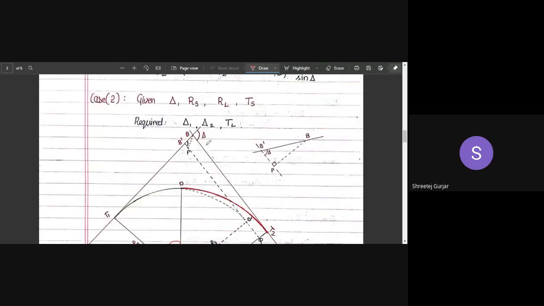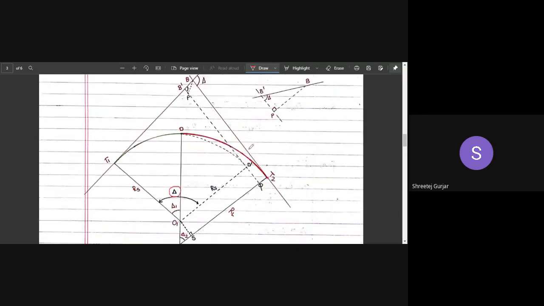Now where do we have to stop? This D dash we don't know. You have to stop until you reach this particular delta, the same angle. Until you reach that angle, continue this arc and stop at D dash. When you stop, name that point D dash.